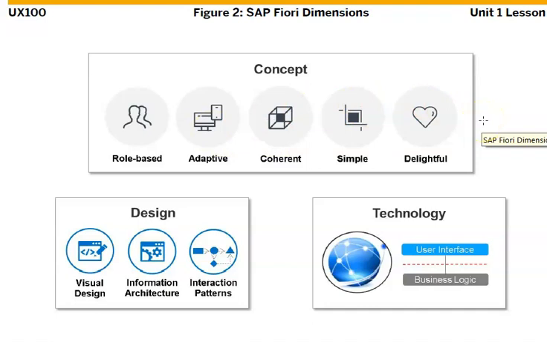Coherent: we can make data available in parallel, like comparing one Bangalore office with the Hyderabad office. These things can be done in parallel, and we can see it coherently. And simple: very simple data and simple designs can be done, and it is very delightful as well.